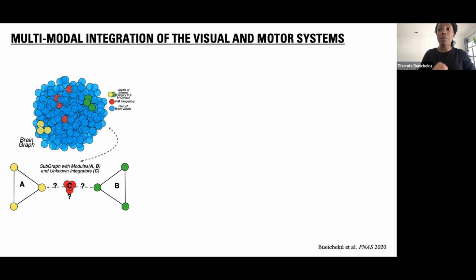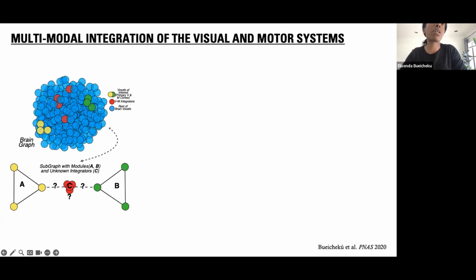So in the first part of this research, we use graph theory to actually locate where the visual motor integrator area is. Imagine again that we have our brain and we have our network in here, represented by all the different nodes. And we know that some of the areas of the brain are specialized in processing visual information. And here we are representing these areas in yellow.